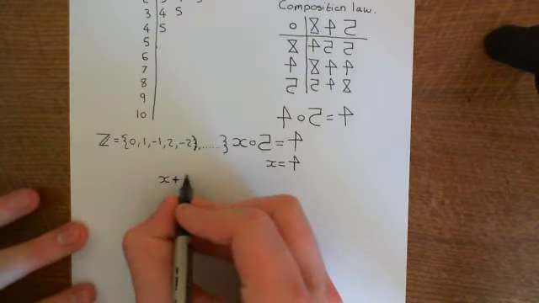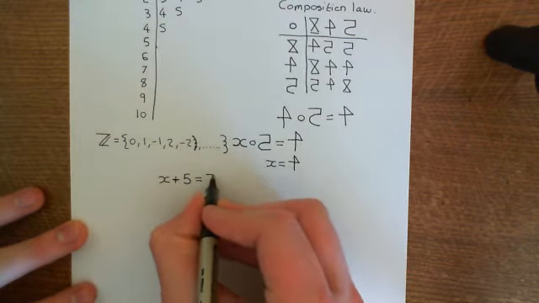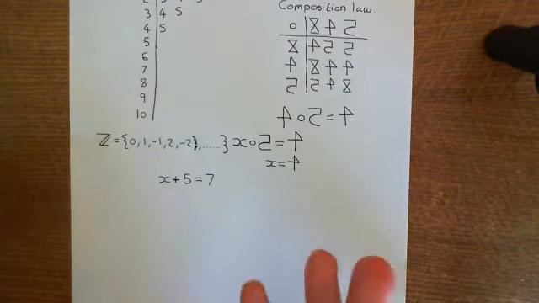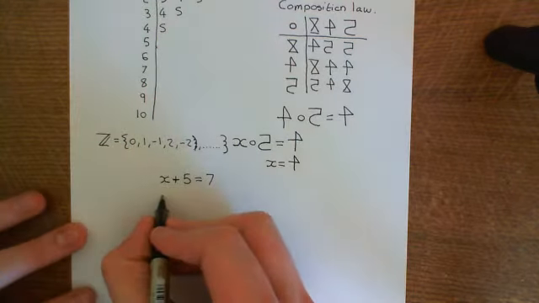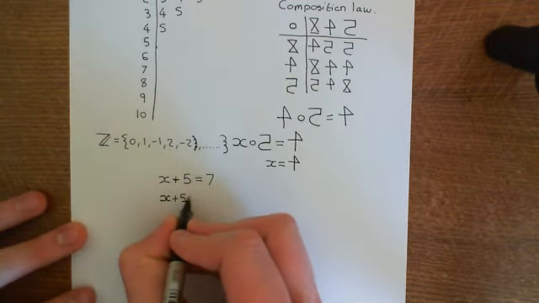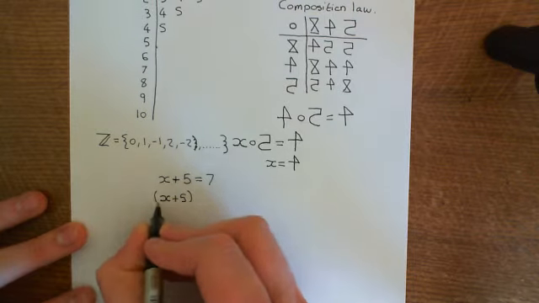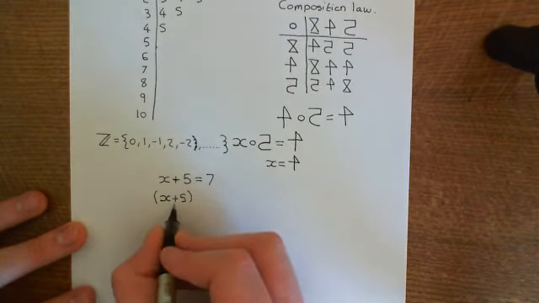Okay, and next have x plus 5 is equal to 7. And you could have chosen whichever 2 you wanted there. So how would you solve this? Well, what we would do, strictly speaking, is say x plus 5, and then take whatever that was equal to, because x plus 5 has an answer.